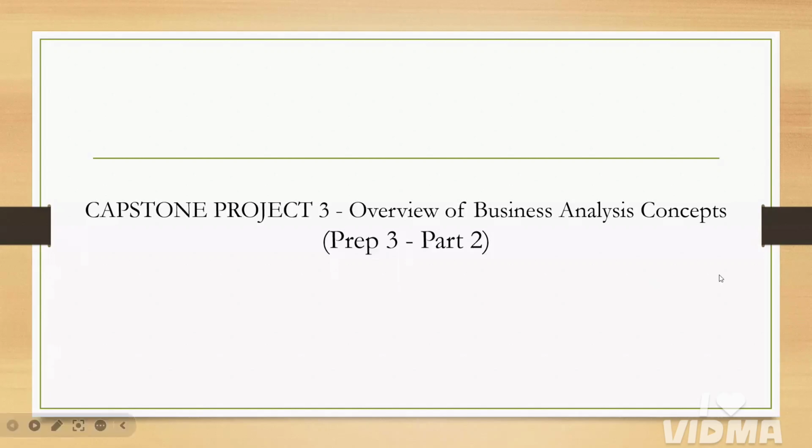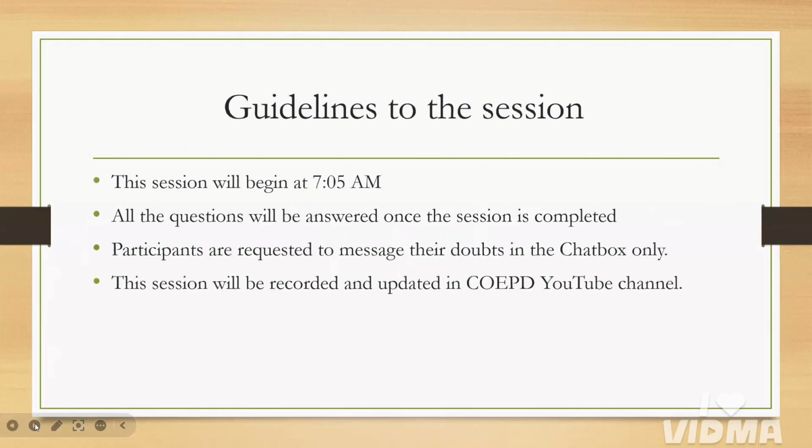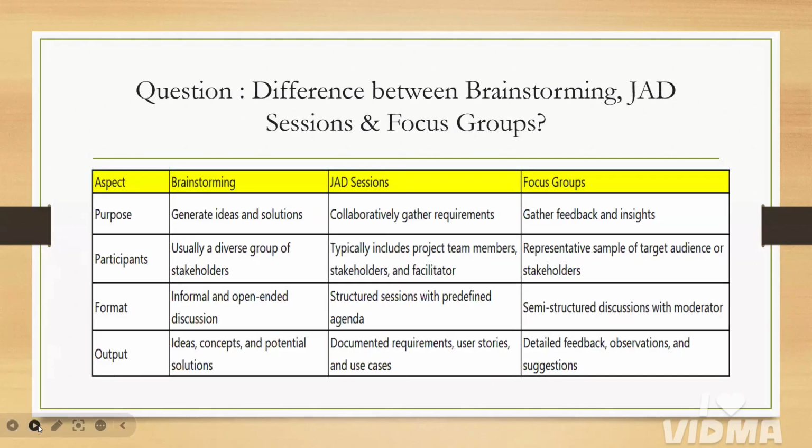Coming to this Prep 3 Part 2, here you can see the first question. The first question is the difference between brainstorming, JAD sessions and focus groups. You need to write down the differences. This Prep 3 Part 2 is mostly about the elicitation techniques.